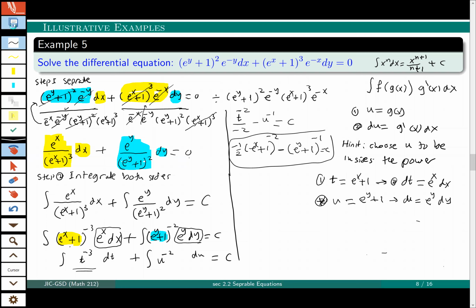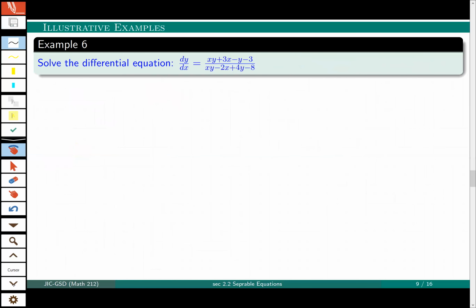Now, the idea is repeated: we separate, then we integrate. Let's continue. Here I have a differential equation, so I need to multiply, or cross multiplication, to be honest.